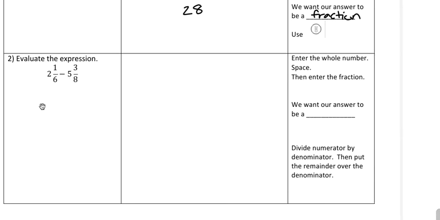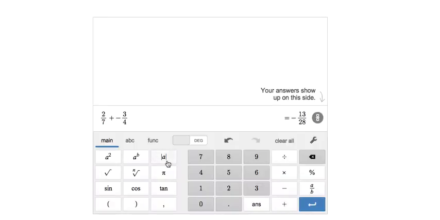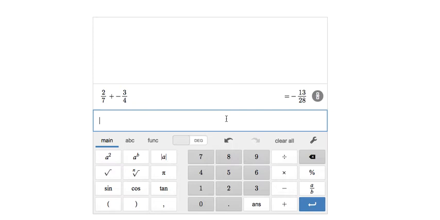Okay, number 2, we're going to evaluate the expression. When we put this into Desmos, when we do 2 and 1/6, I want to put a space between the 2 and the 1/6. Again, we have both fractions, so we want to make sure our answer is a fraction. Okay, so 2 and 1/6 minus 5 and 3/8. So 2, and then I want to put in a space.